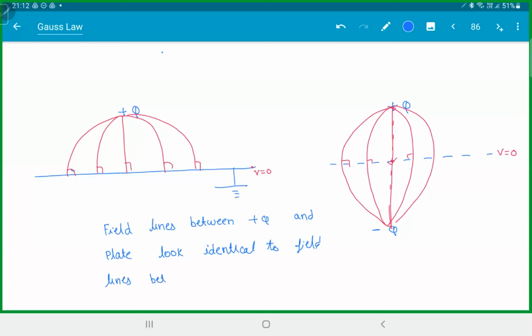Field lines between plus q and minus q. Therefore, we can replace the plate with a minus q charge on the other side like an image. So the plate is behaving like a mirror, no? Infinite plate with a mirror image of negative charge.